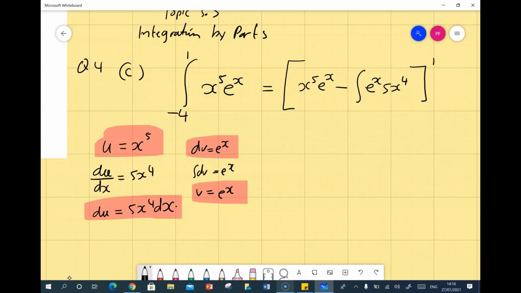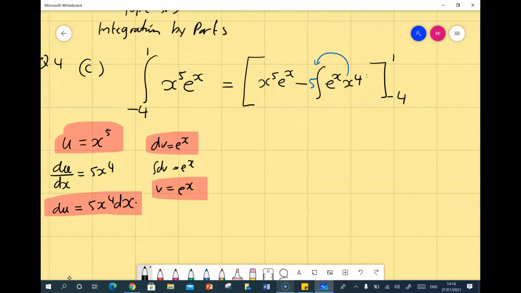And my integral will be from 1 to minus 4 when I'm finished. I'm going to pop that 5 out in front, so it'll be minus 5 instead. That might make things a little easier to do. So it'll be x to the power of 4.